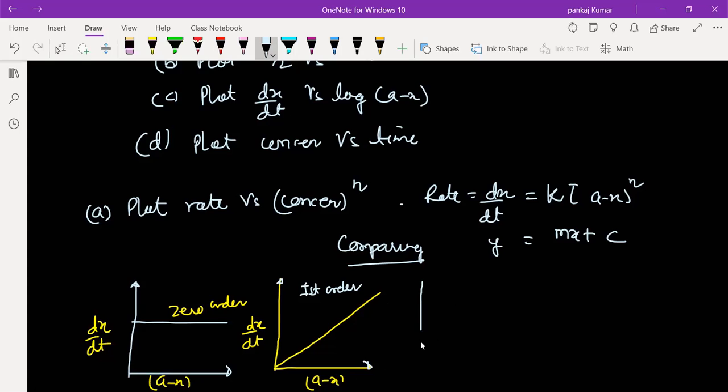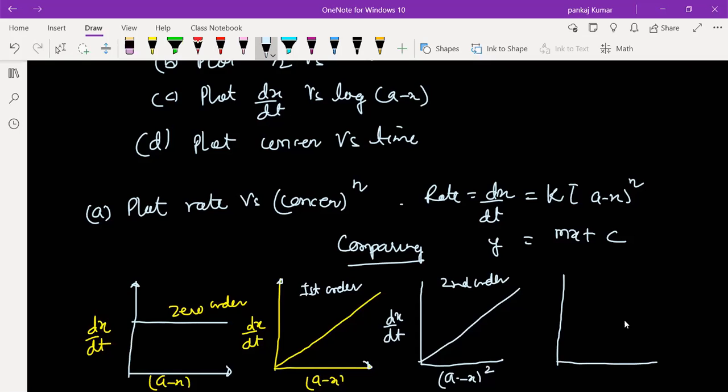Then we can draw dx by dt equals (a minus x) squared. Here the graph will be again a straight line, second order.